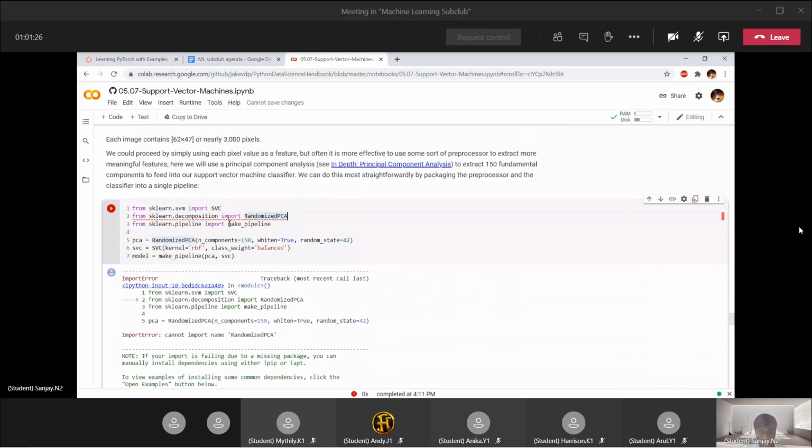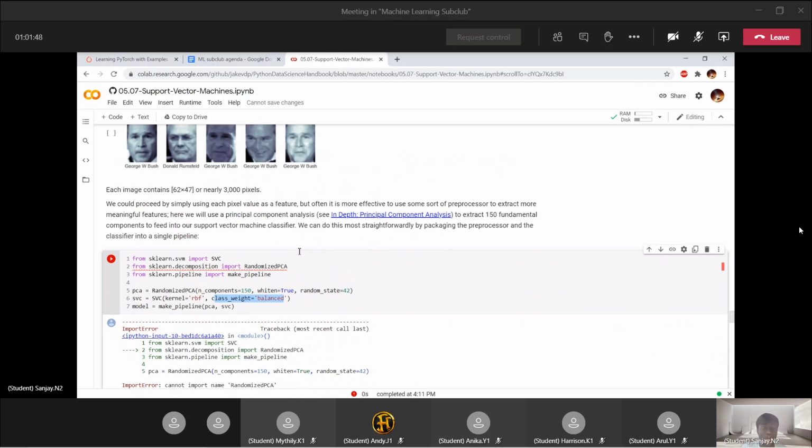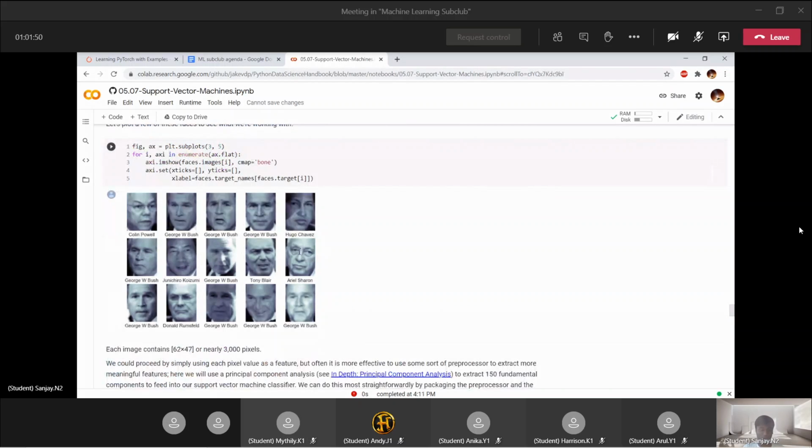So we create the SVM, right? We use the general kernel, which is the radial basis function, or RBF. We set this parameter called class weight, which is essentially what I was talking about earlier, where you want to make sure that your classes, in this case, you're working with many classes, right? You're not just working with a binary classifier. You're working with multi-class, right?